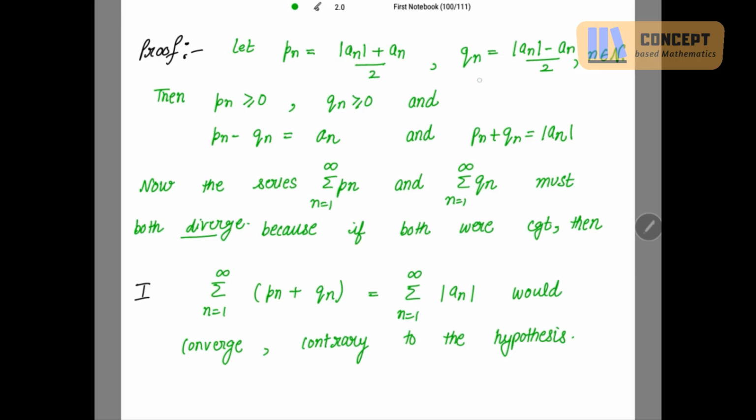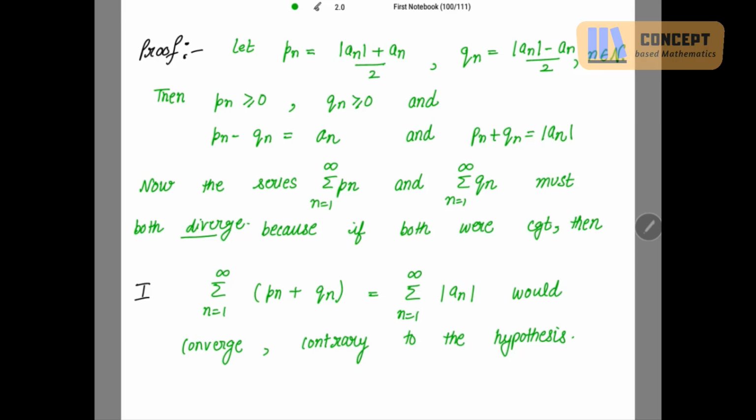Similarly, in the case of Qn, Qn will be equal to minus An if An is strictly less than 0, because then the mod is negative.